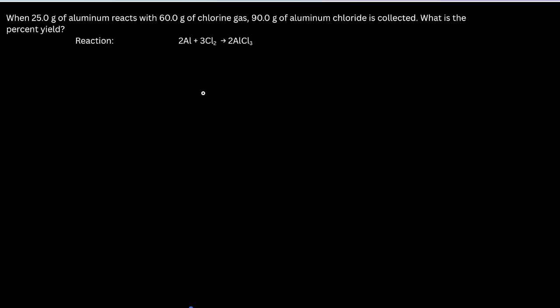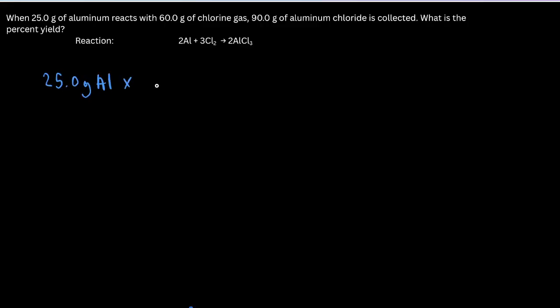First, number one, we have to convert our grams to moles. We are reacting 25 grams of aluminum and 60 grams of chlorine gas. So first we convert both of these to moles. How do we do this? Well, simple enough. We just take our molar mass. Let's say we have our 25 grams of aluminum.